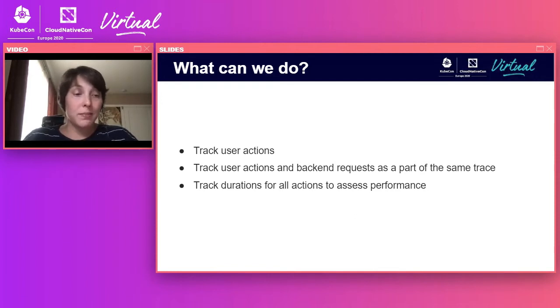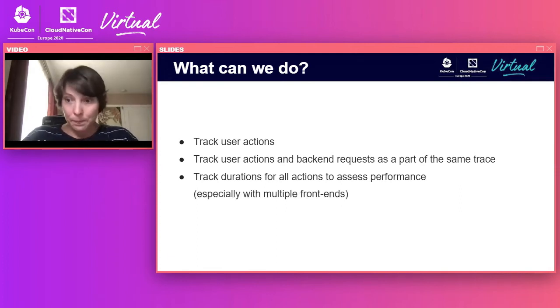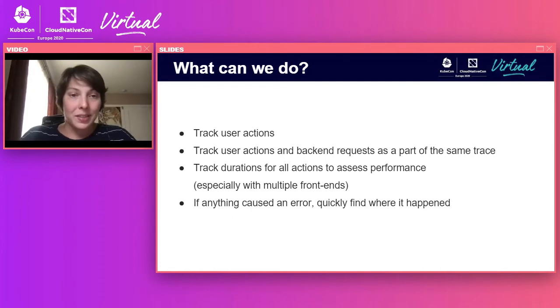You can basically time what's going on in your UI. In Zipkin, we saw that there is some timing already available for the spans, and it will help with performance, especially if you have multiple front ends. And finally, if anything caused an error, you can look not just at multiple different services and multiple logs.